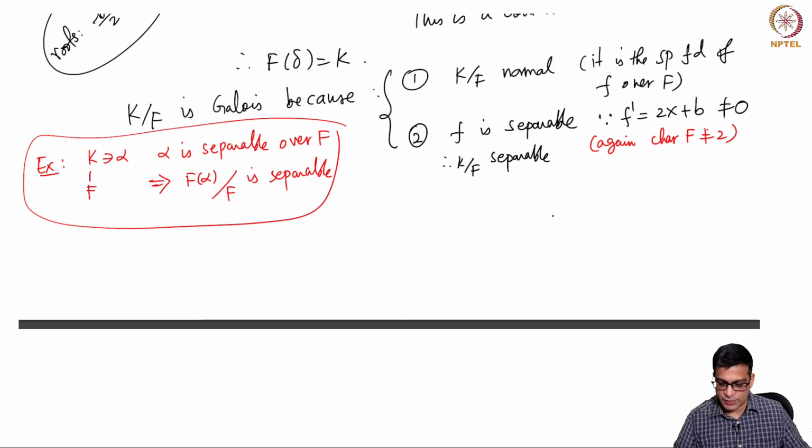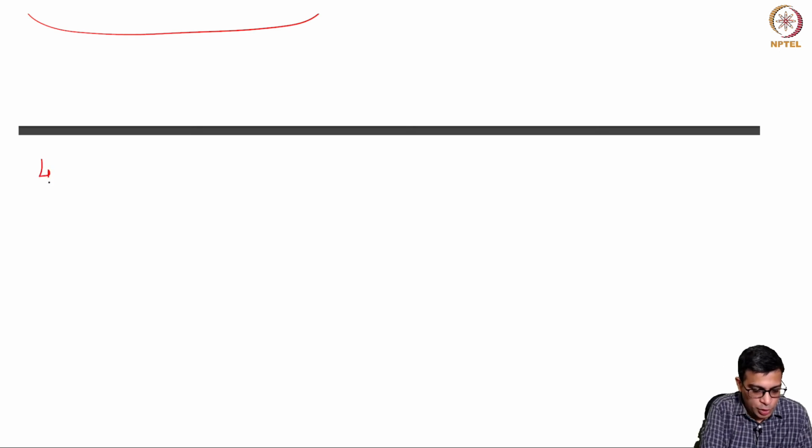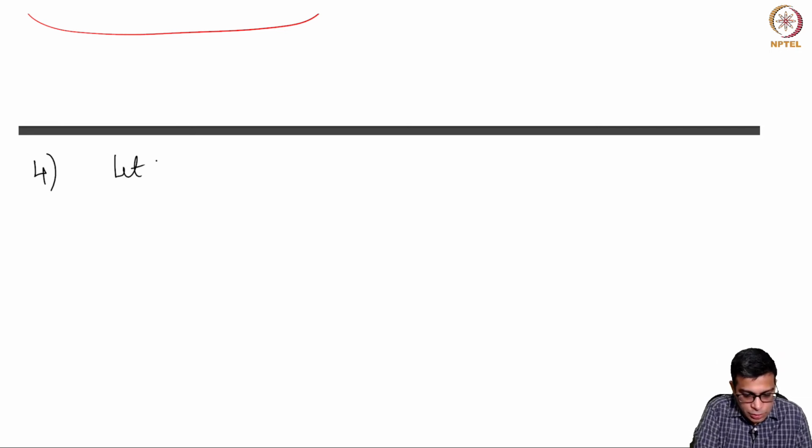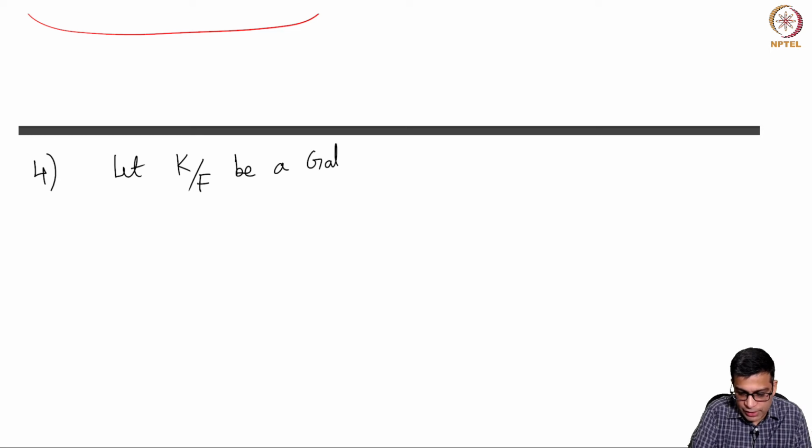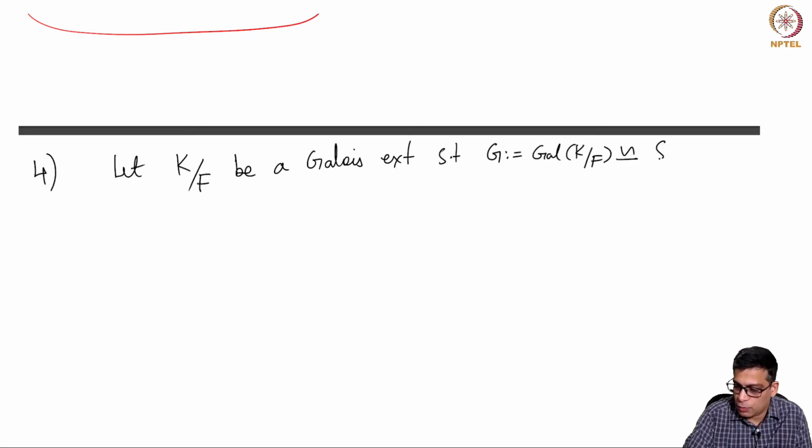This next problem is very nice also. The fourth problem says, let K over F be an arbitrary Galois extension such that the Galois group, let's call that G, of the extension is isomorphic to S3.